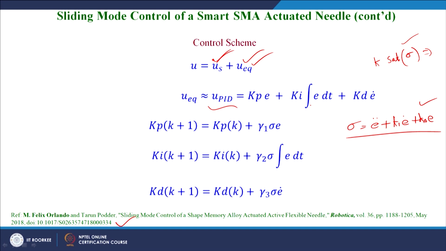The update laws for the Kp, Ki and Kd gains, proportional, integral and derivative gains, are done by the steepest gradient algorithm, which is given by Kp of k plus 1 equal to Kp of k plus gamma 1 sigma into error, where sigma is the sliding surface given by this equation.